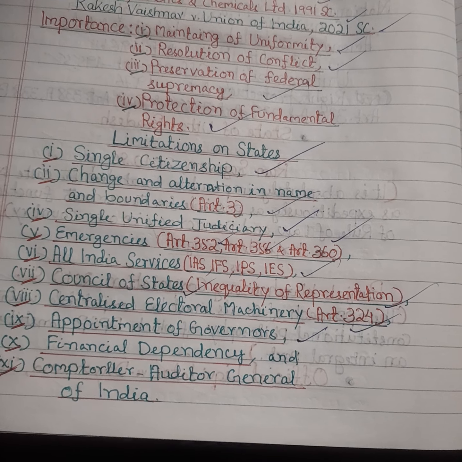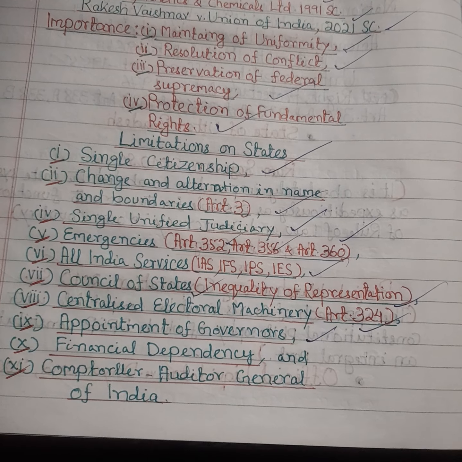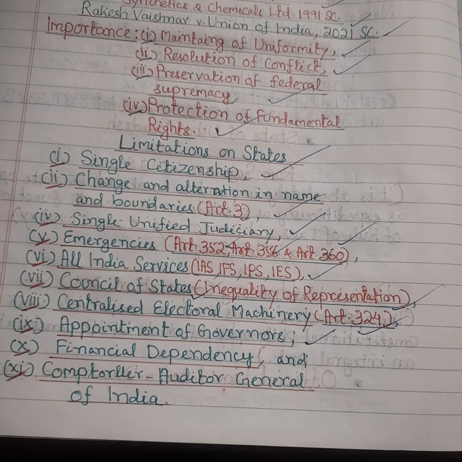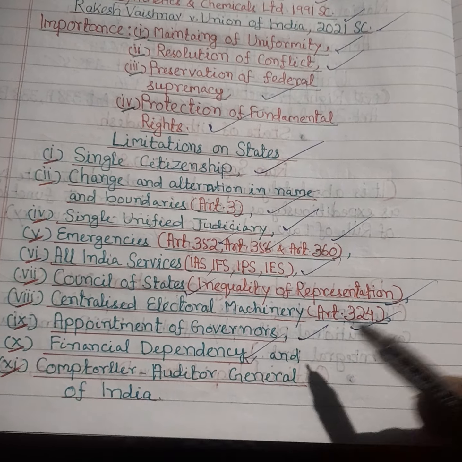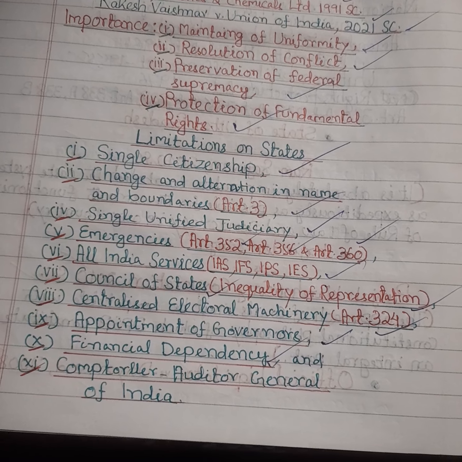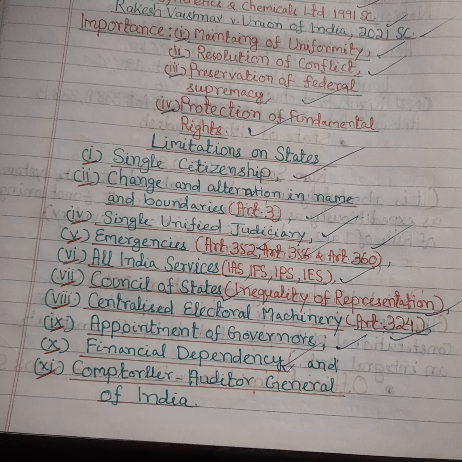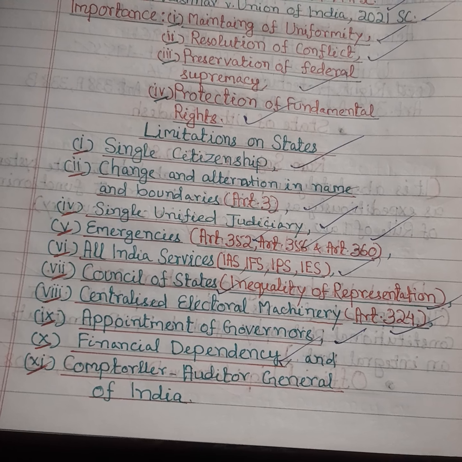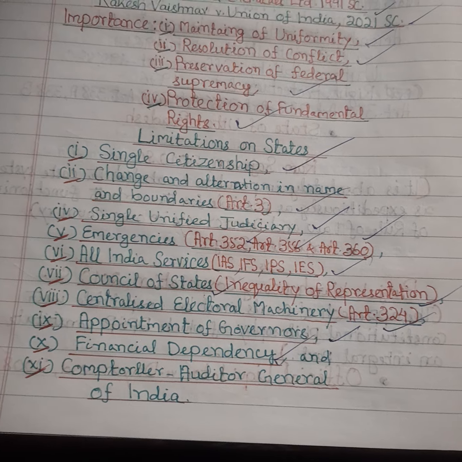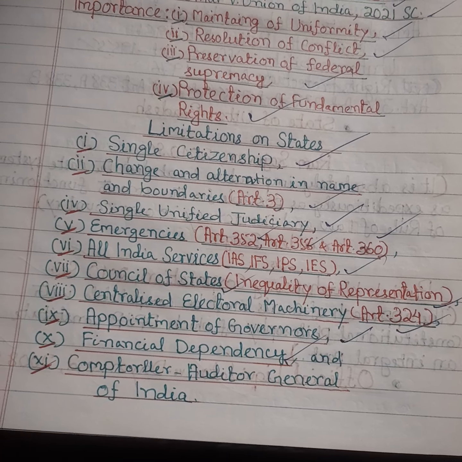And now we'll discuss another centralizing tendency which limits the state legislative authorities, and that is financial dependency. So, financial dependency of the states on the center. When it comes to a federation, the states have to be self-sufficient.